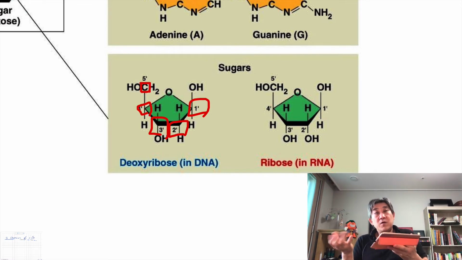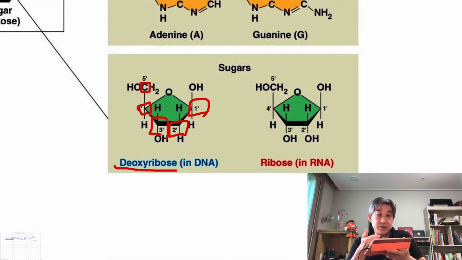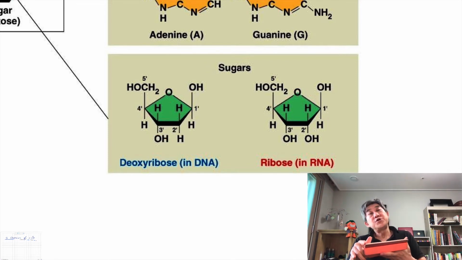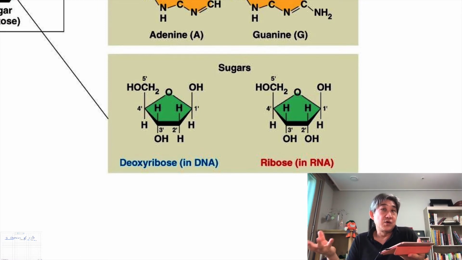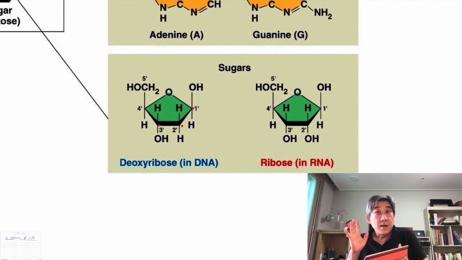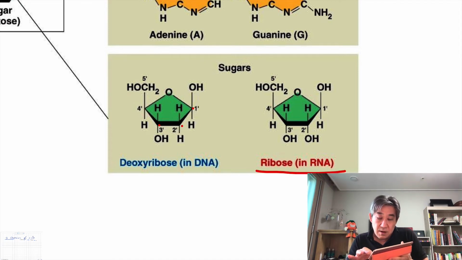That's what we call this 5-carbon sugar. Its name is deoxyribose. This is a simple sugar, a monomeric sugar, similar to glucose. In the case of glucose it's a 6-carbon sugar, but this deoxyribose is a 5-carbon sugar, with a close relative appearing in the nucleotides that make up RNA.